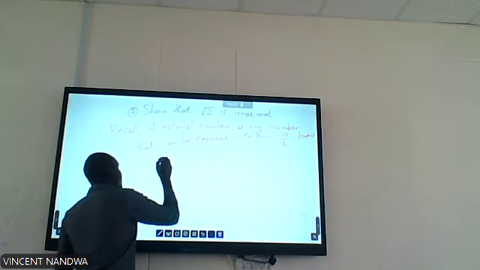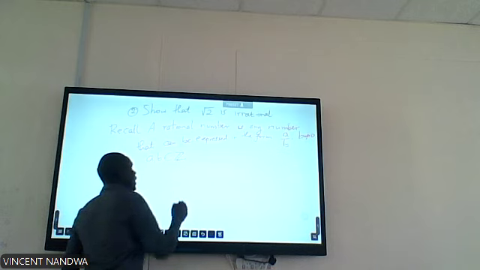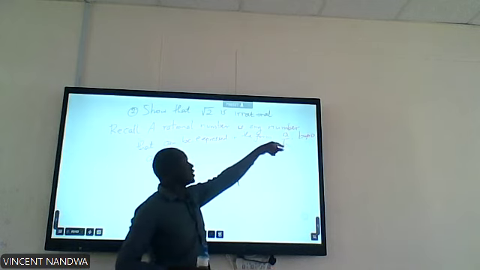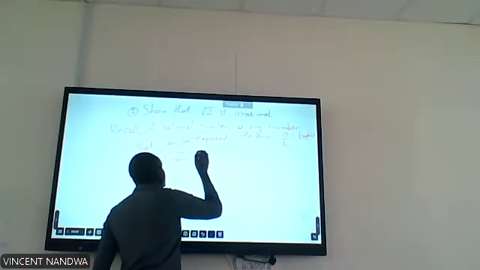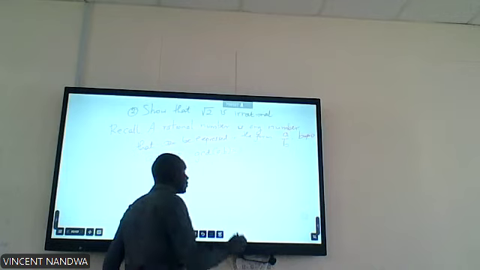Both A and B are integers. And usually when we say in the form A over B, we mean that it can be written in the reduced form. So just to make that come out clearly, we say GCD of A and B is 1.